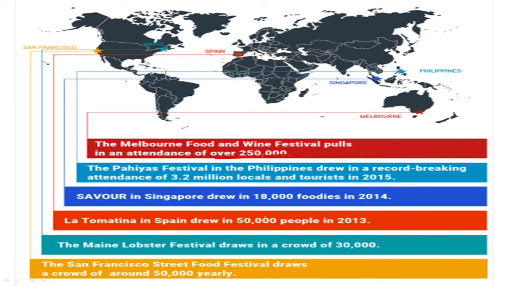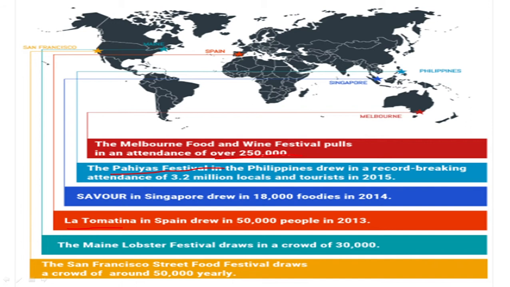We have the Pahiyas Festival in the Philippines, which is also a very vibrant festival, Savor in Singapore, La Tomatina in Spain, the Maine Lobster Festival, and the San Francisco Street Food Festival. So these are six very famous food festivals around the world.